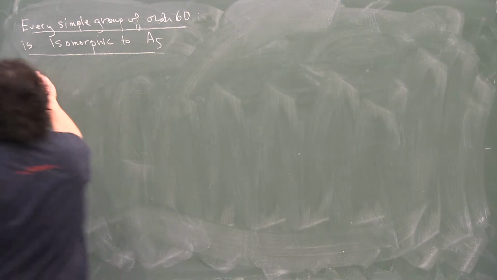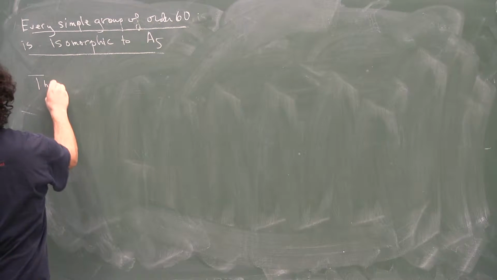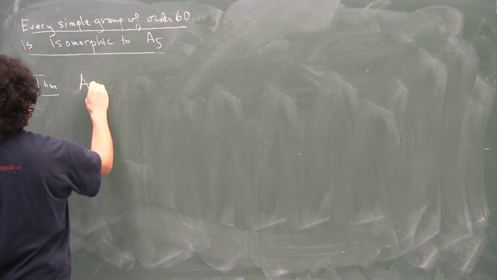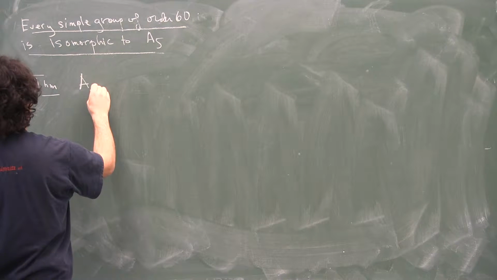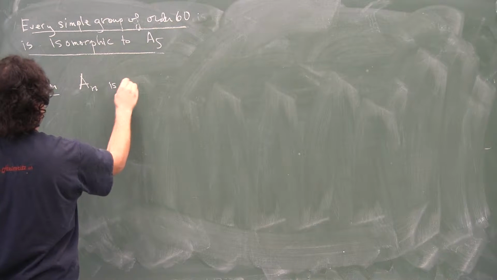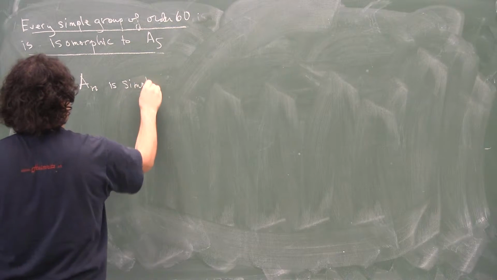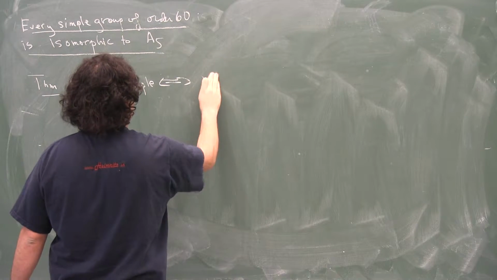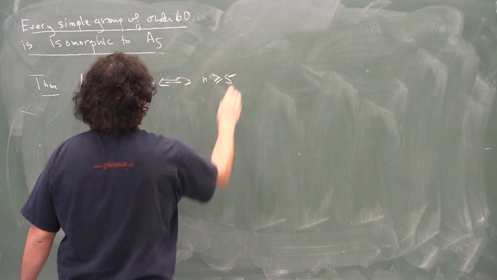Let me first mention a theorem that I will not prove, and that is that A_n is simple if and only if n is greater than or equal to 5.